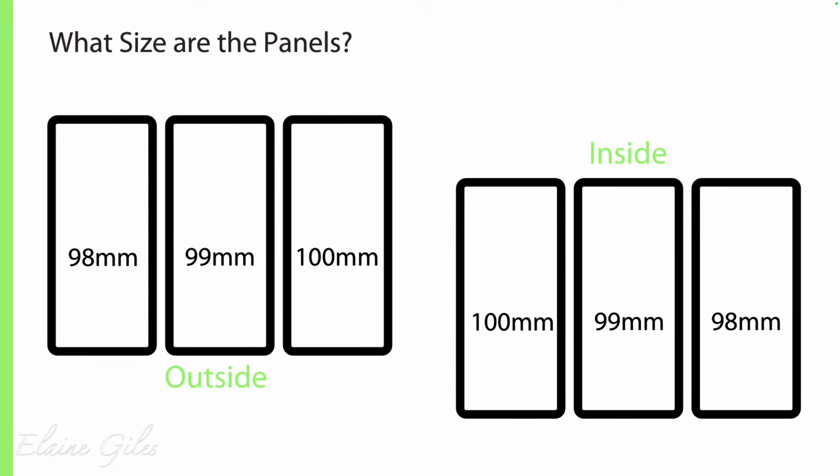So on the outside page, it would be 98 millimeters, with 99 in the middle and 100 on the right. Notice that the inside, those measurements are flipped. And if you think about it, that makes total sense, because the inside is on the back of the outside, or the outside is on the back of the inside, depending on how you look at it. But those are the sizes, usually for a printed output. Trifold A4.